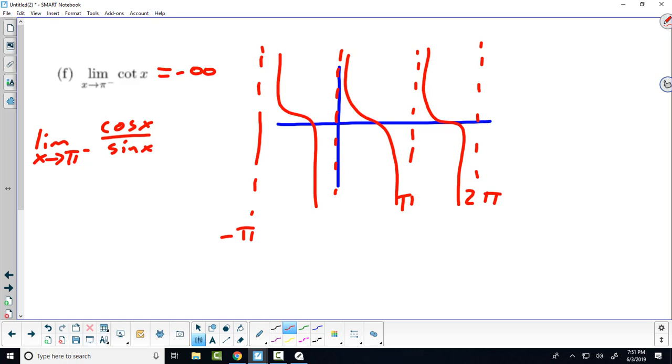But we can now analyze this one sort of like we did the earlier problems with that rule 7. What is the numerator approaching? What's the cosine of pi? Cosine of pi is -1. Make a note, go home and learn that.